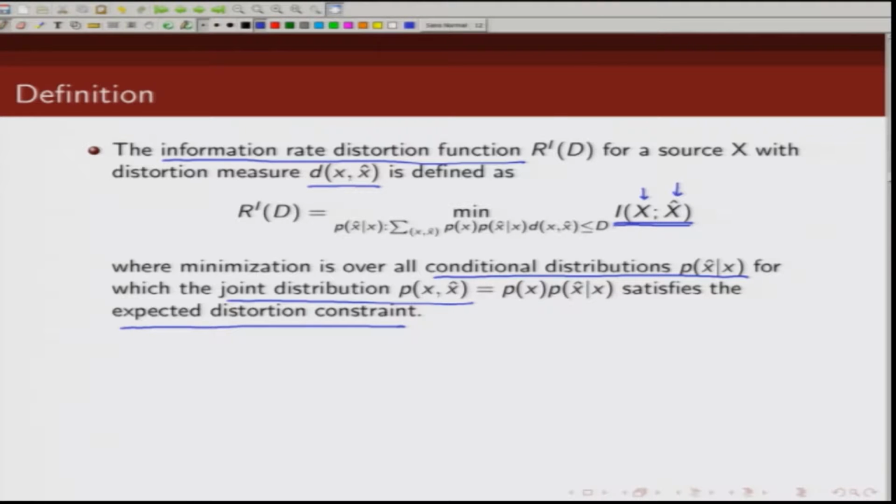So for this information rate distortion function, we minimize this mutual information between X and X hat, and this minimization is over all conditional distributions p of x hat given x, such that over this joint distribution, this expected distortion constraint is satisfied.